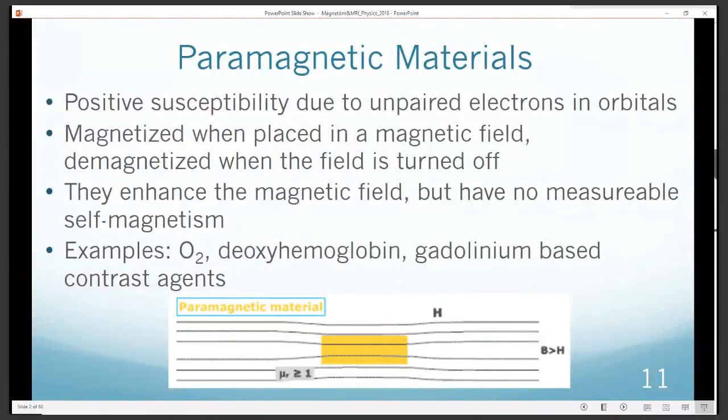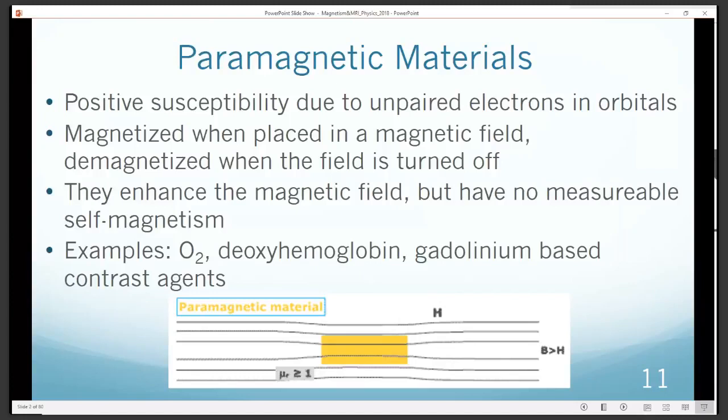Paramagnetic materials have positive susceptibility, so the magnetic field inside paramagnetic materials will be amplified slightly when placed in an external magnetic field. And that doesn't mean they have magnetism or self-magnetism on their own.